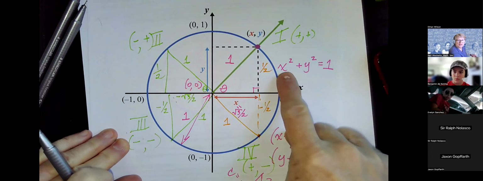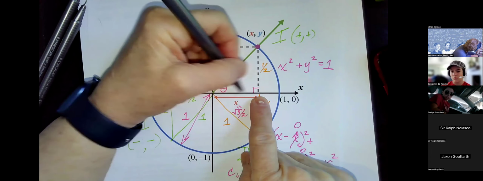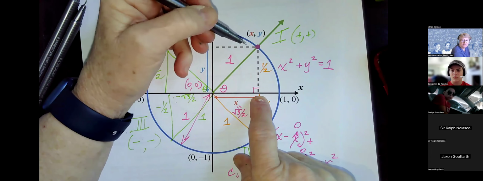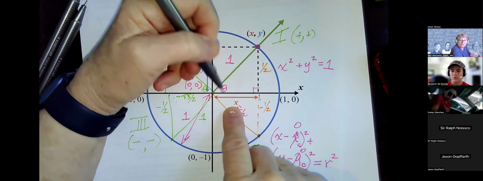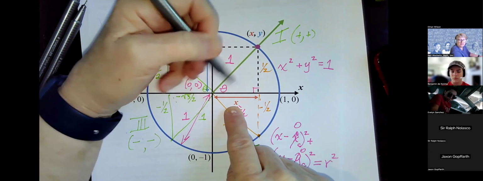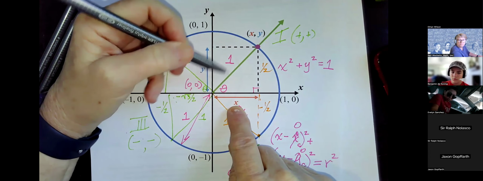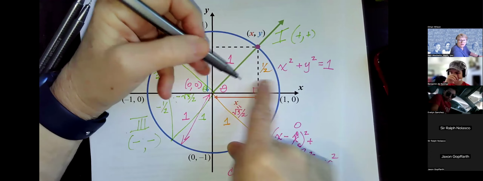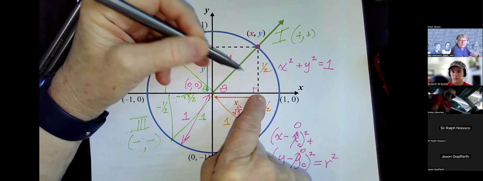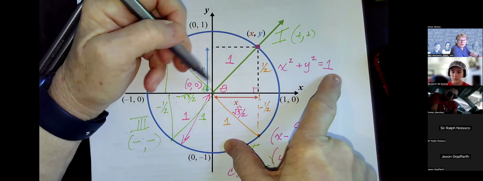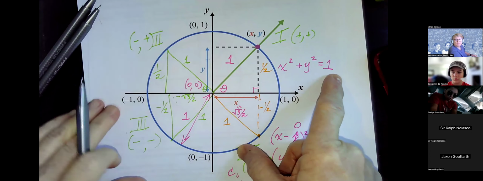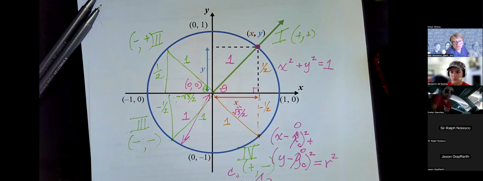You can think of that as coming from any triangle in this circle where x is the distance along the x-axis from the origin, so that's squared, where y is the height of the triangle, and the hypotenuse is 1 squared. So it's also the Pythagorean theorem. Any questions?